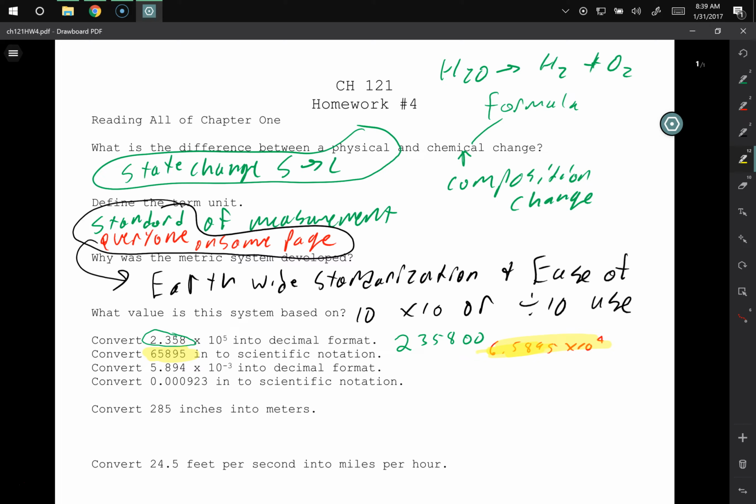Okay, decimal format for the next one. Okay. Why did we slide the decimal place the other direction?